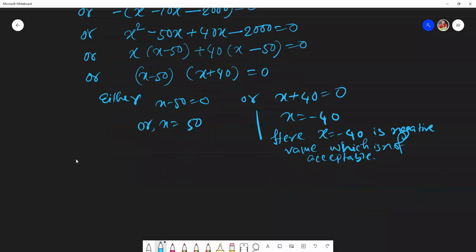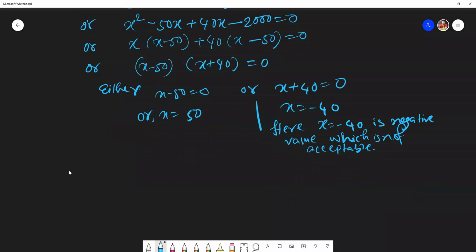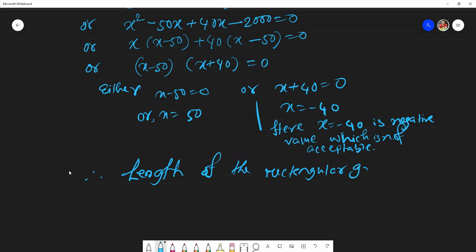So x is 50. That means the length of the rectangular garden, x, equals 50 meters.